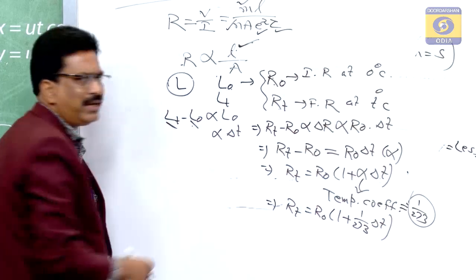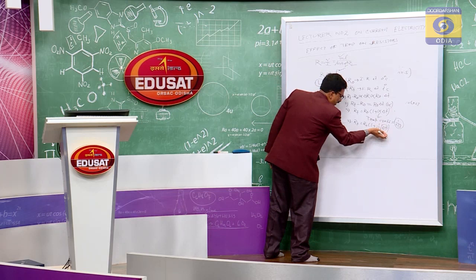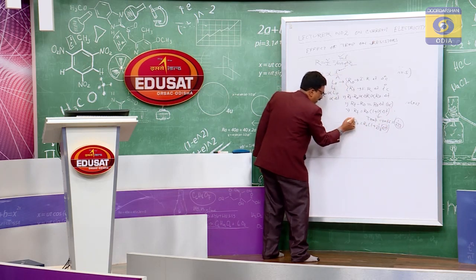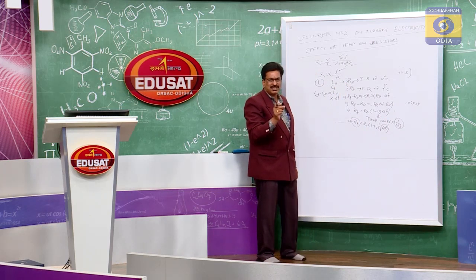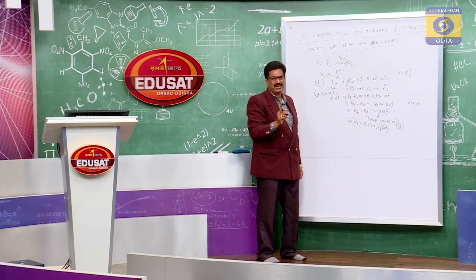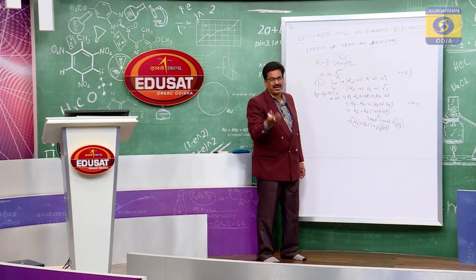This shows that if the change in temperature is more, then the resistance is more. So we conclude that as the temperature increases, the resistance value increases for good conductors.